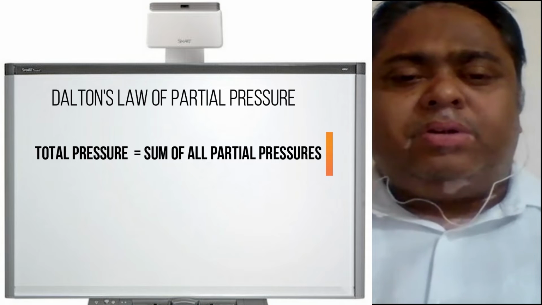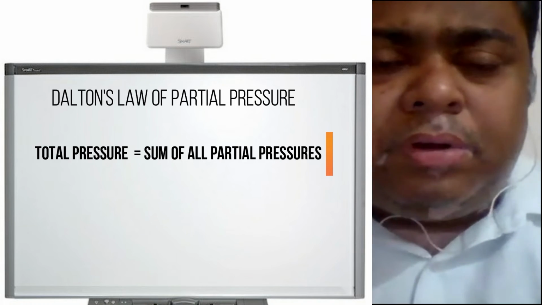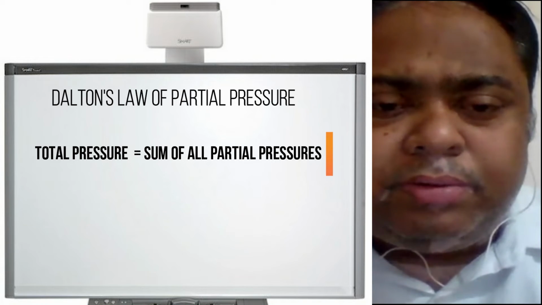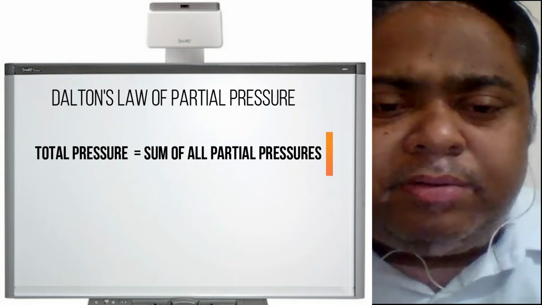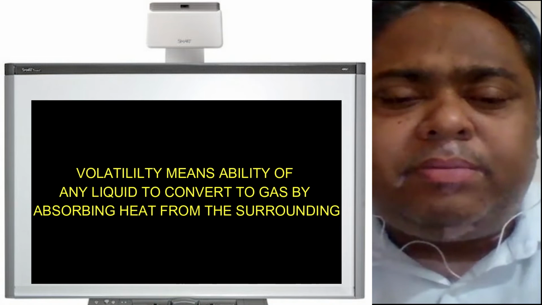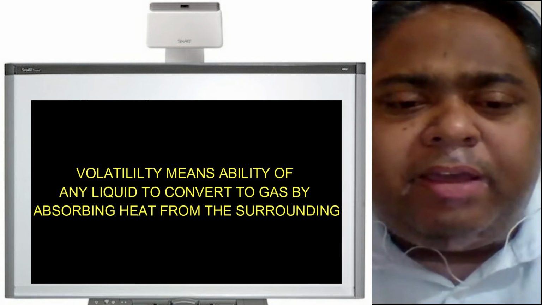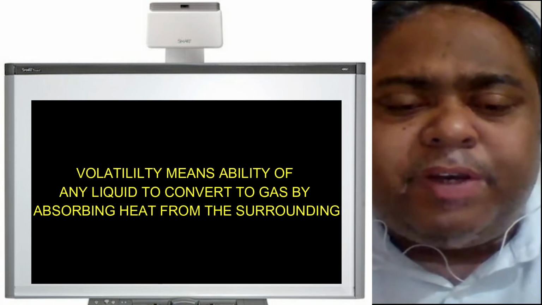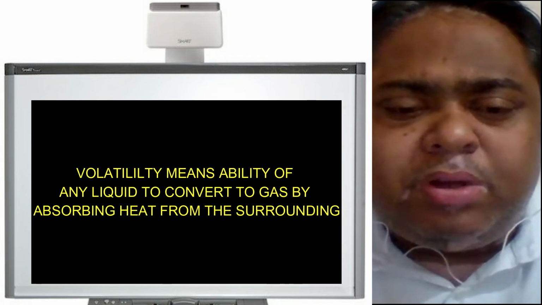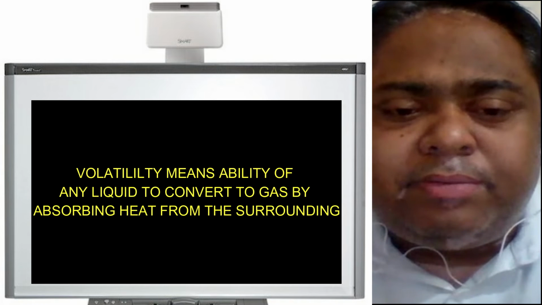Next, we will talk about the solubility of non-volatile solutes and volatile solutes in solution. What is the meaning of volatility? Volatility means ability of a solvent molecule to evaporate on its own by gaining temperature from the atmosphere. Is water a volatile solvent? Yes, it is, because water forms vapor on its own by absorbing heat from the surrounding.